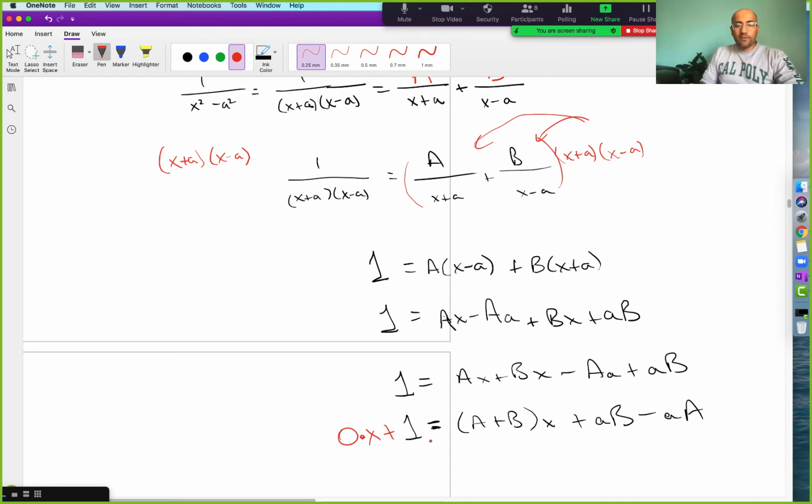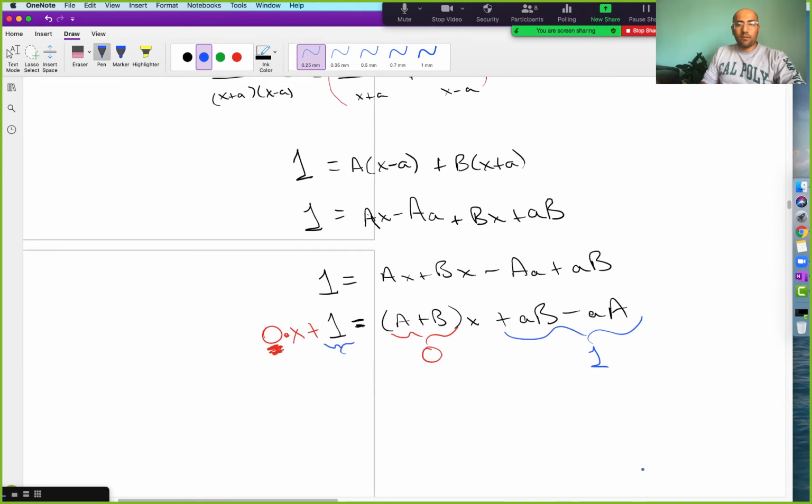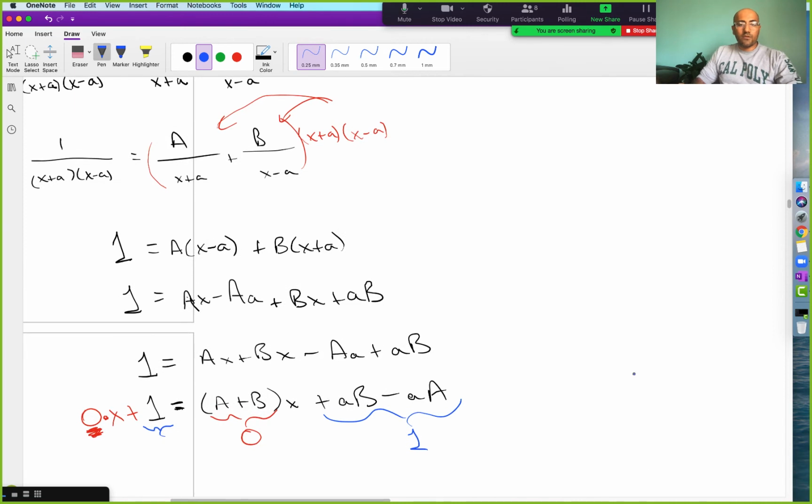So I can see that the constant in front of the x must be 0, which means that this must be 0. And I can see that the term that doesn't have an x is a positive 1, which means that this whole thing must be positive 1.